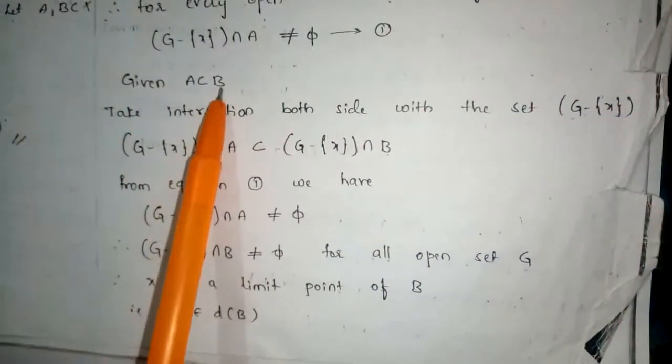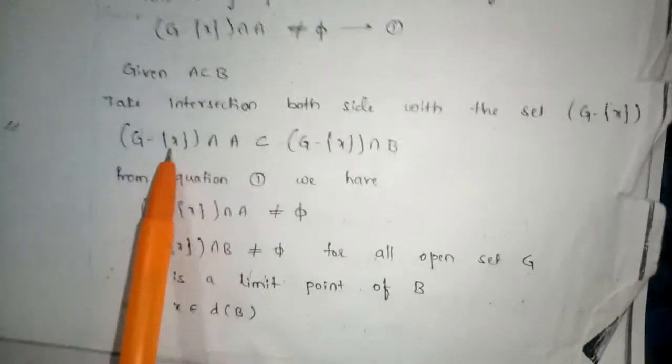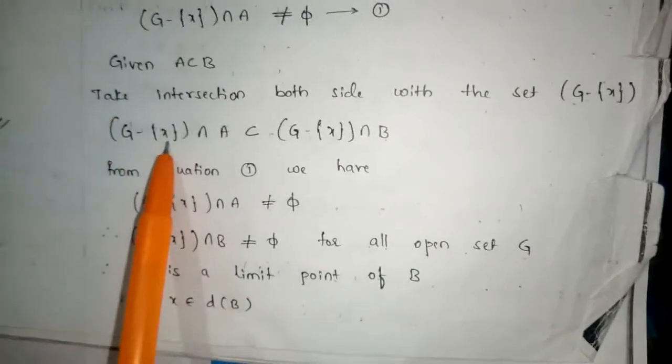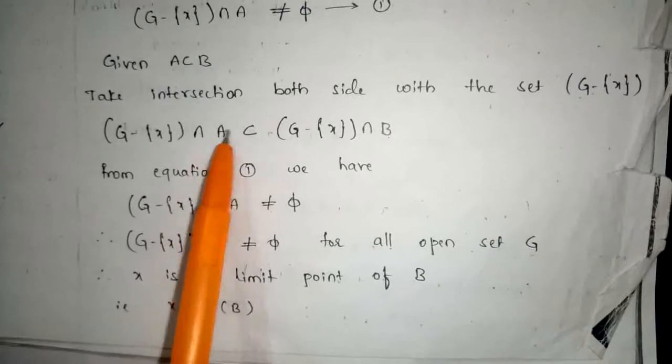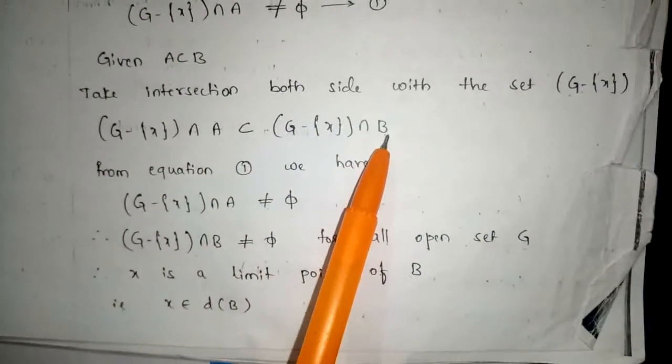What is the given condition here? A is a subset of B. Take the intersection of both sides with the set G minus x. Since A is a subset of B, (G minus x) intersection A is a subset of (G minus x) intersection B.